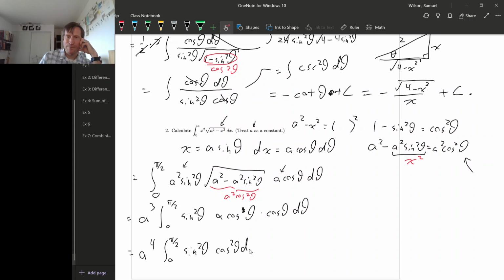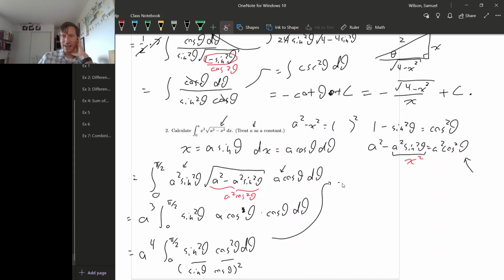d theta. All right, now since the exponents on both our sine and cosine are even, we can't do a u substitution. We have to use some double angle identities. So I'm going to do it this way. Sine squared times cosine squared is the same thing as sine theta times cosine theta, squared. And so inside these parentheses, I'm going to use a double angle identity.